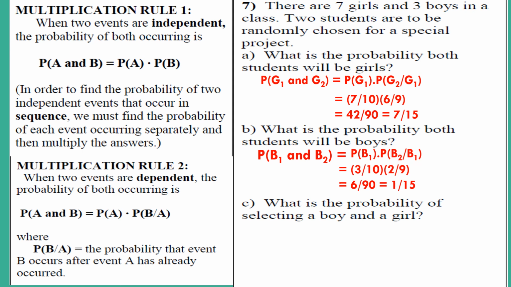And C, what is the probability of selecting a boy and a girl? So we have boy and girl equals the probability that it is a boy times the probability that it is a girl given that the first was a boy equals 3 over 10 times 7 over 9 equals 7 over 30.